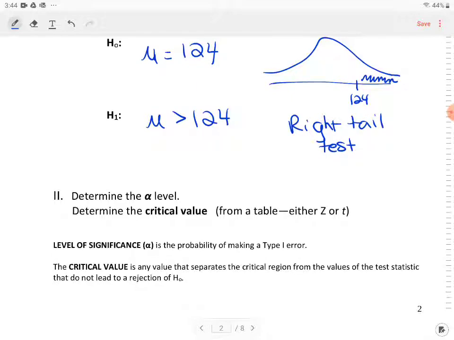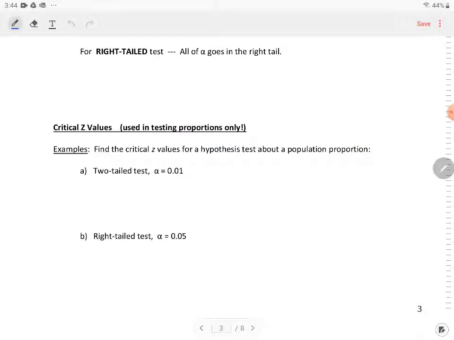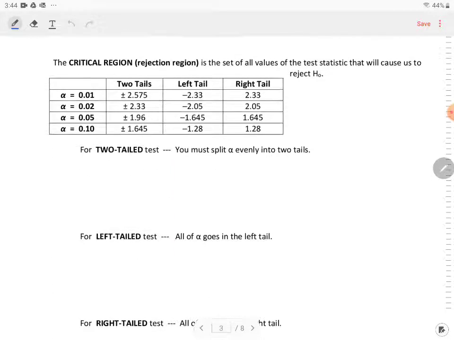So we are going to either reject or not reject the claim. Remember, we cannot prove with 100% confidence because we're taking samples. So the critical region, also known as the rejection region, is a set of values of the test statistic that will cause us to reject H0.